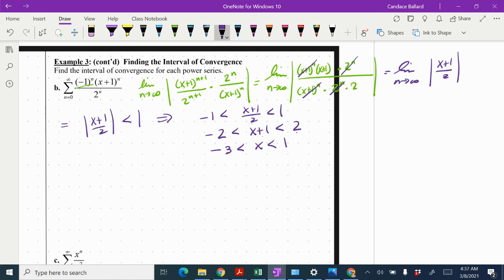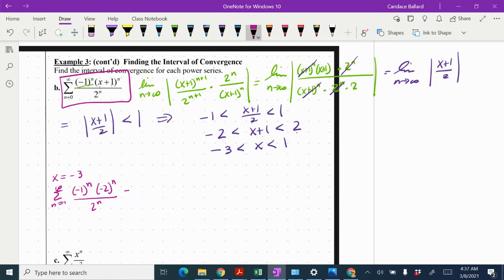Now I need to test both of those endpoints in my series. So we're going to test x equal to negative 3 first. When I plug my negative 3 into here, we would get the sum as n equals 1 to infinity of negative 1 to the n, and then negative 3 plus 1 is negative 2, so negative 2 to the n over 2 to the n.